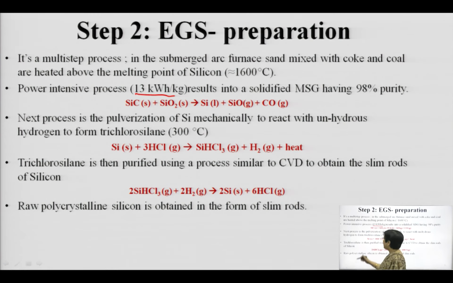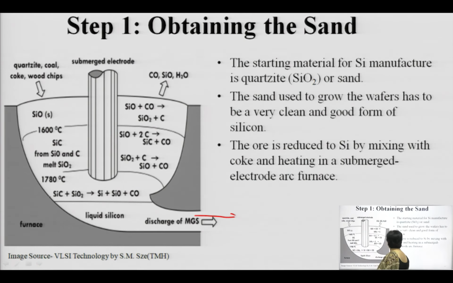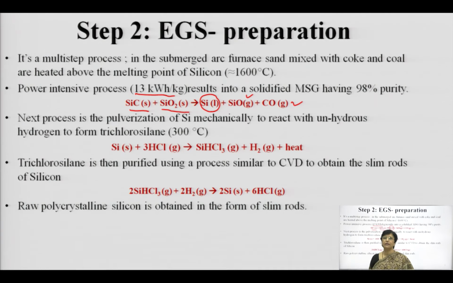The temperature of that submerged arc furnace is around 1600 degrees centigrade, and here the coke and coal combine with silicon dioxide, giving us silicon in liquid form, SiO in gaseous form, and carbon monoxide in gaseous form. So, here we have in liquid form this metal grade silicon. So, we are able to obtain metal grade silicon.